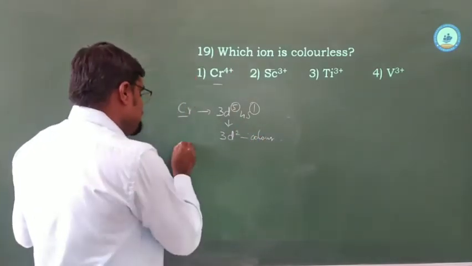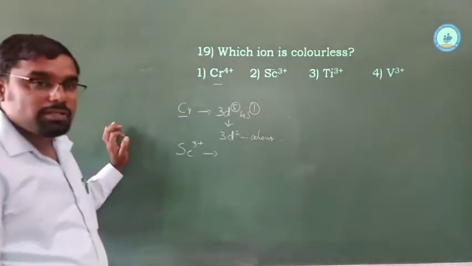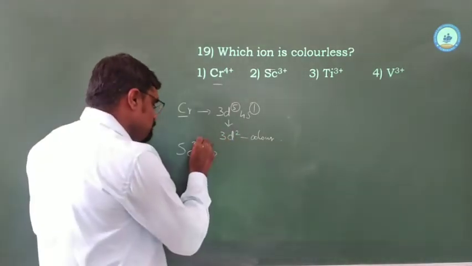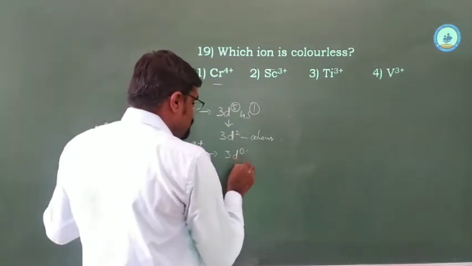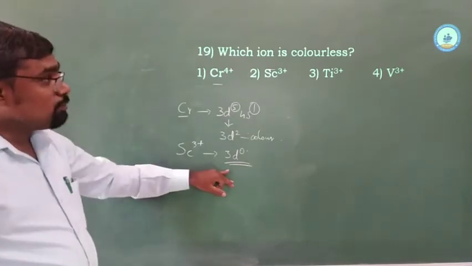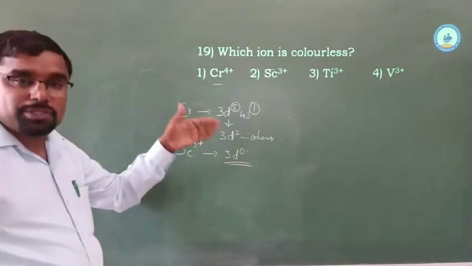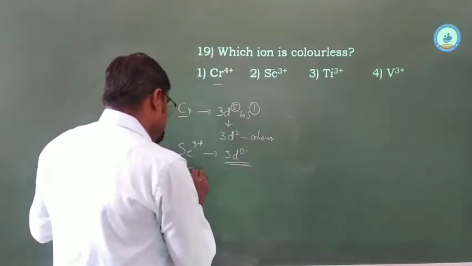Next, scandium 3 plus. Scandium atomic number 21, 3 plus: 2 from s, 1 from d. So then 3d0. Then it may be the answer, but even if it is, you should see the other options also. The third one is titanium 3 plus.